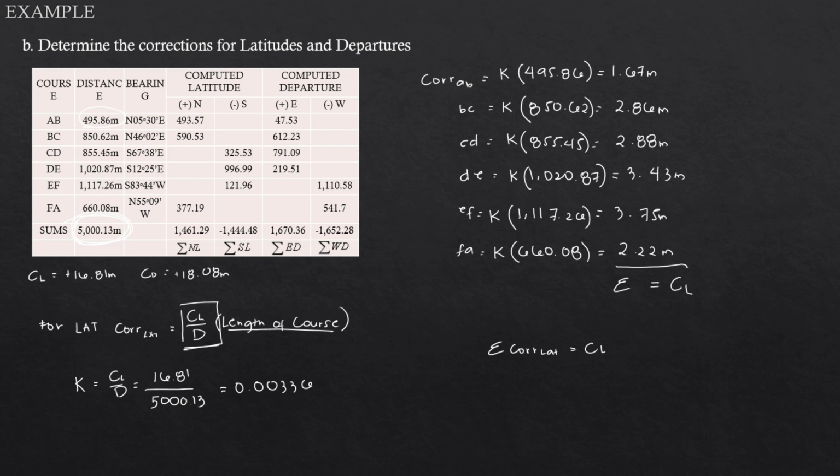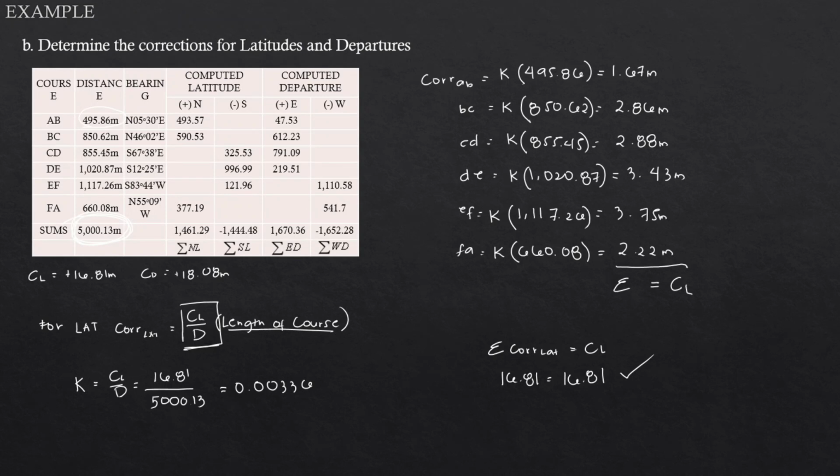So, ilan 'to? Paki-summation. Nag-equal ba? Okay, so nag-equal siya. So, meron tayong 16.81 na total. Ngayon, CL natin is 16.81. So, tama. Correct. So, tama 'tong corrections natin.